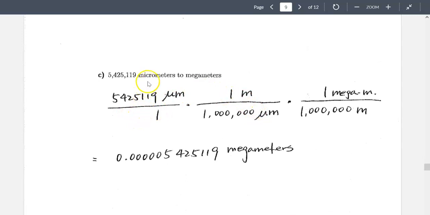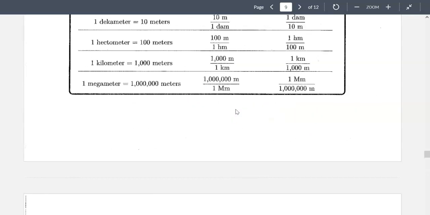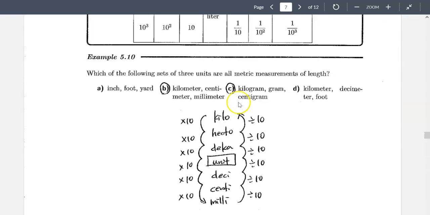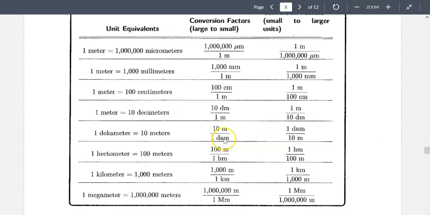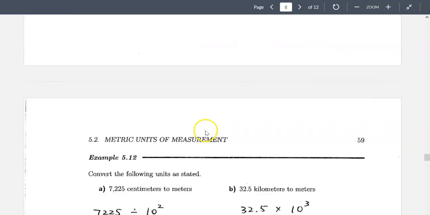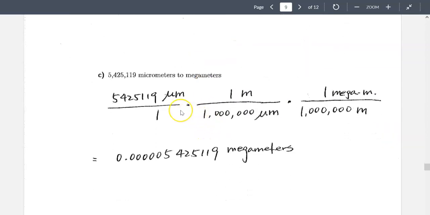Okay, and we can do more than one as well. So we have micrometers to megameters. This is not in one of our scales here, right? We don't have micrometers here. We're talking about something really, really tiny now. This is where this chart comes in, where we have micrometers right here. Then we use the same idea as the U.S. conversion, the same as how we do it with metric.